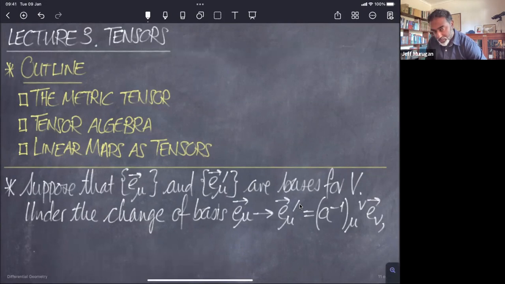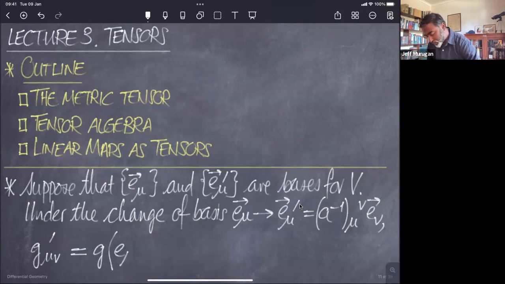The metric tensor that I introduced the last time as the components of the bilinear form is given by G prime equal to G of E mu prime, E nu prime.